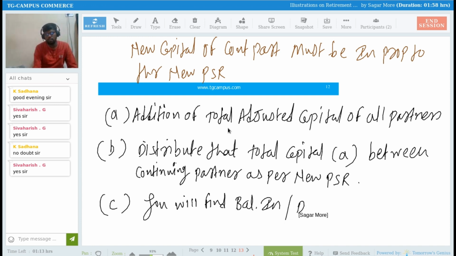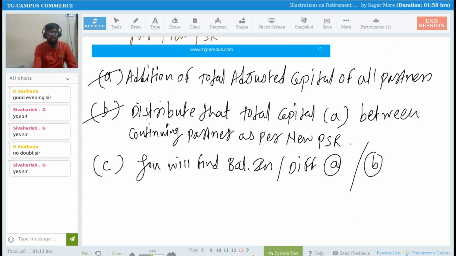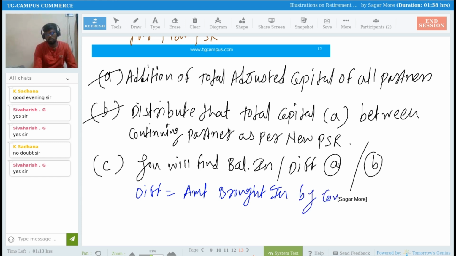You will get a balance or difference between A point and B point, and that difference is nothing but the amount brought in by the continuing partners, right?